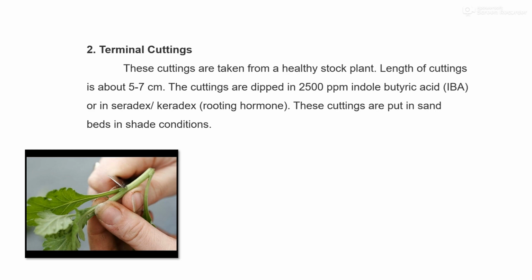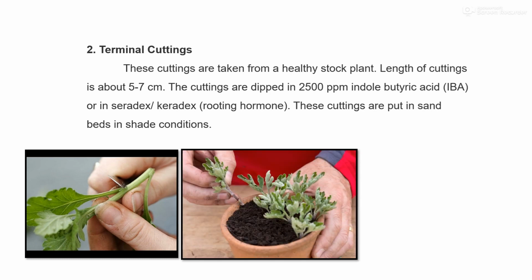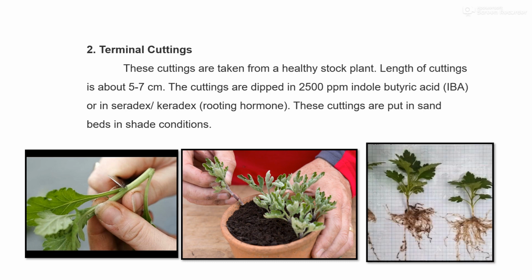The length of the cutting is 5 to 7 centimeters. Cuttings are dipped in 2500 ppm of IBA for obtaining good rooting results. These cuttings are put in a sand bed, meaning a pot containing sand or a bed directly, in a shady condition. When within a month there is good root development, we use these cuttings for transplanting.